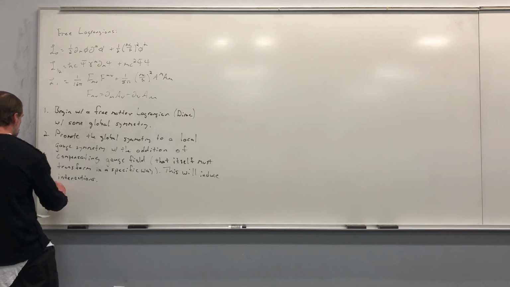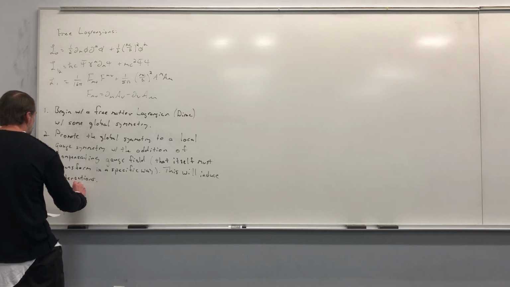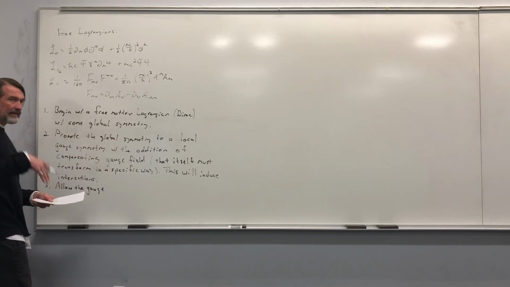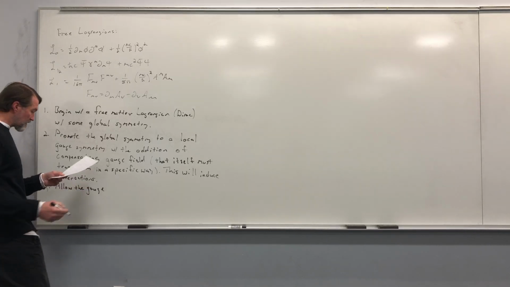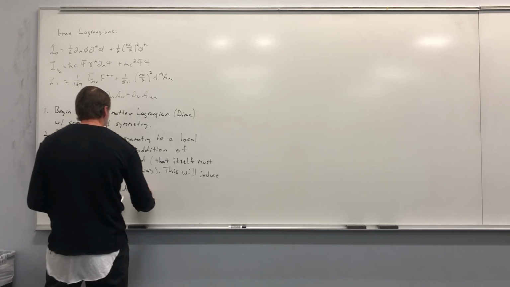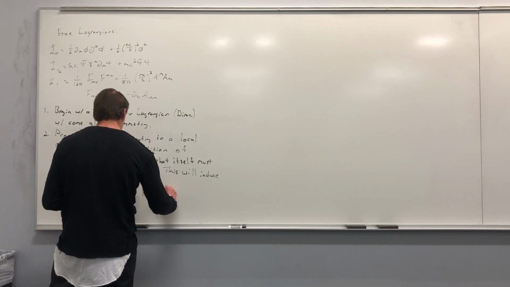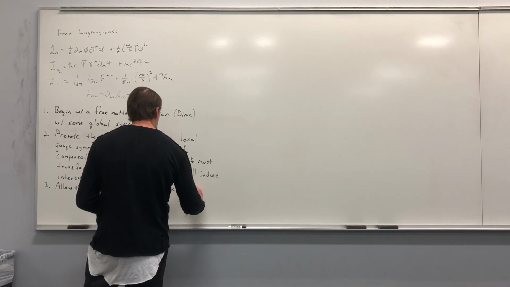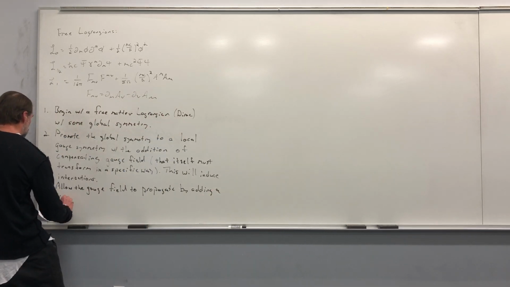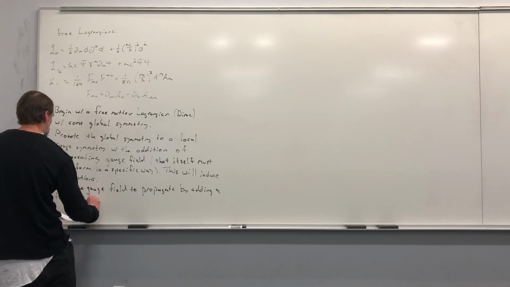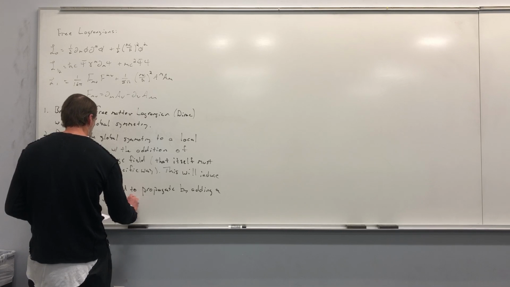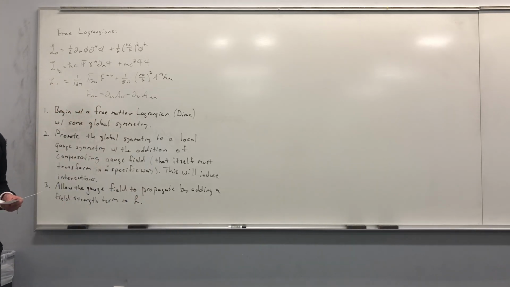Step 3, well, it turns out that the gauge field that you've added is just a background. It cannot propagate, it's not got a kinetic term. So we allow the gauge field to propagate by adding a field strength to L. Okay?